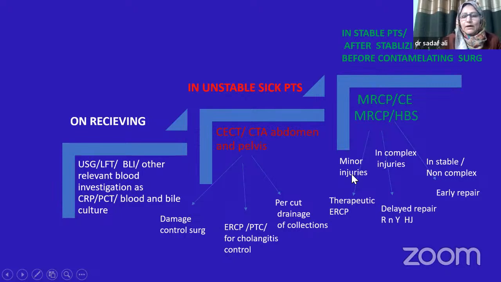Minor and major means you should know exactly the type of injury where a therapeutic ERCP can be done. In more complex injury, a more delayed approach is probably agreed upon by most of us. And in cases of a stable patient with non-complex injury, an early repair, which is proposed by many, can come in.